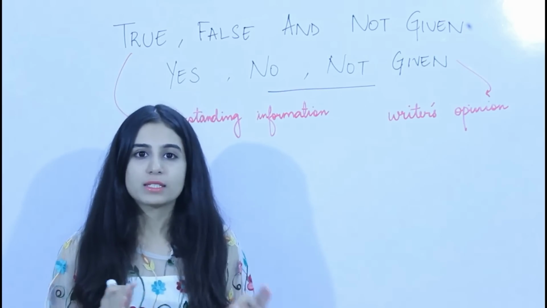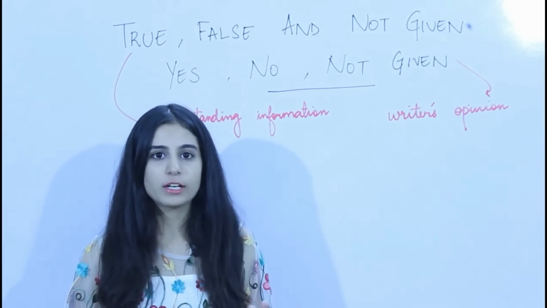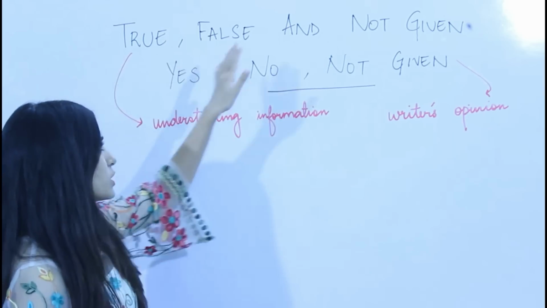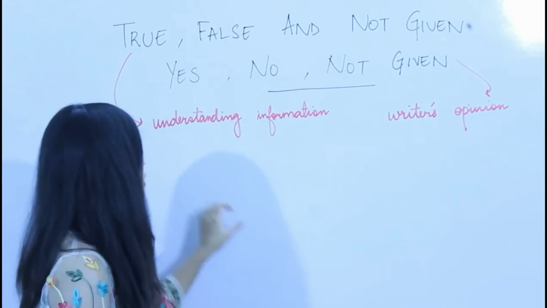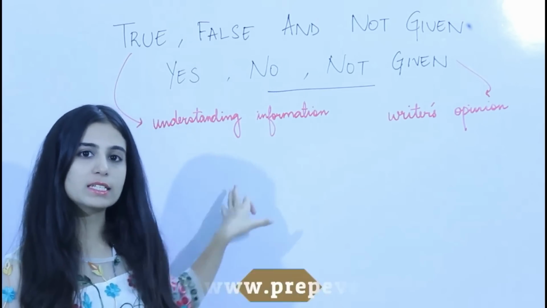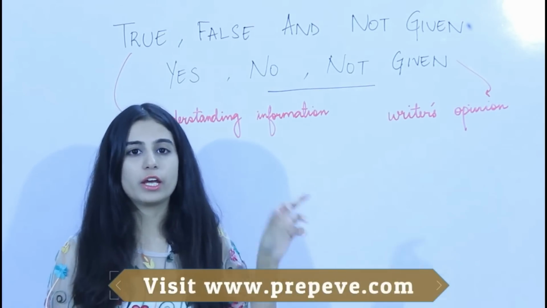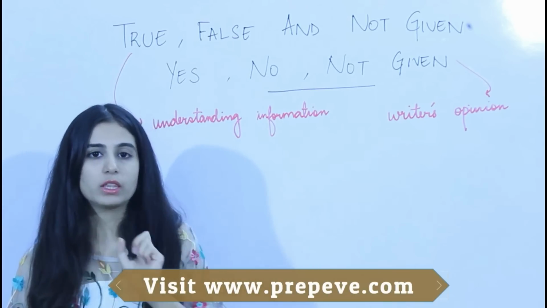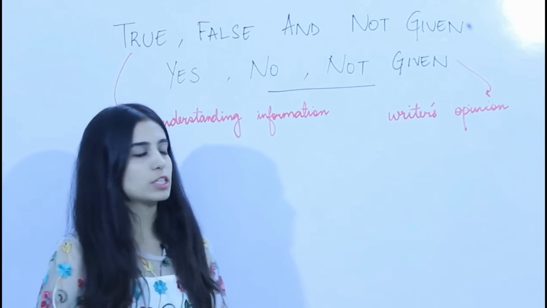Broadly, they both mean the same thing. The slight difference here is that in case of true, false and not given kind of questions, you basically have to understand information. So you need to understand the information given in your question and compare it with the information in your passage.